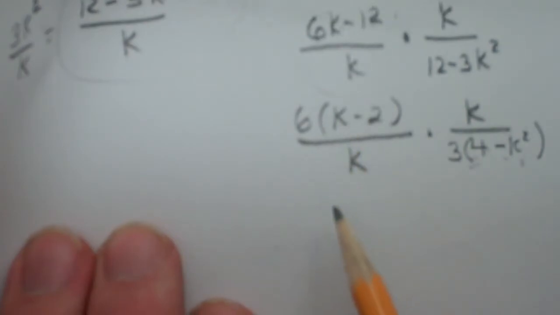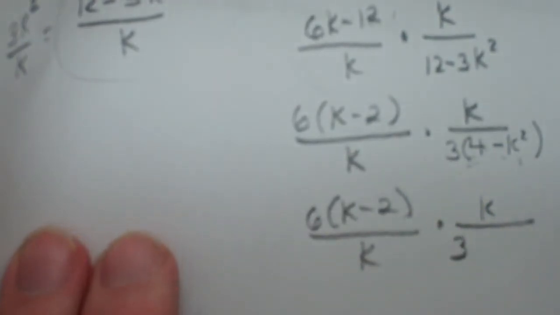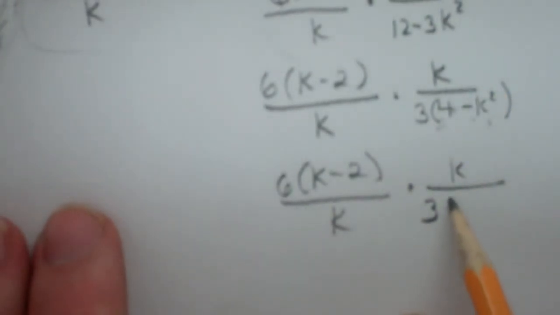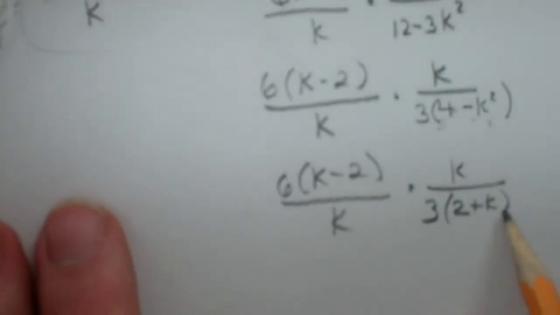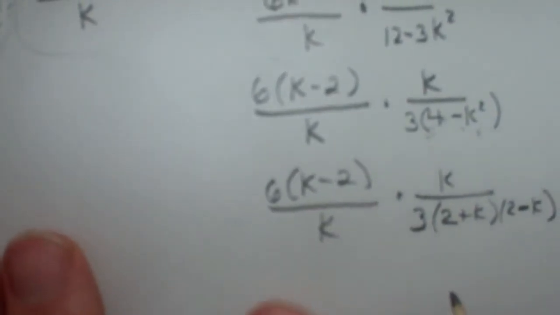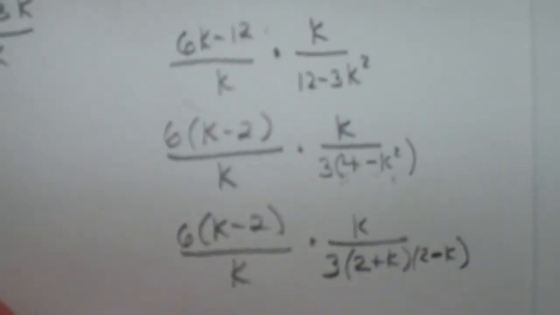Okay, so I'm going to rewrite this. This is 6 times the quantity k minus 2 over k times k over, there's our 3, right? And now we're going to factor this 4 minus k squared. Okay, it's a difference of perfect squares, but the number comes first, so it's 2 plus k times 2 minus k, right? We're doing pretty well. And now we can look for opportunities to cancel out any common factors.